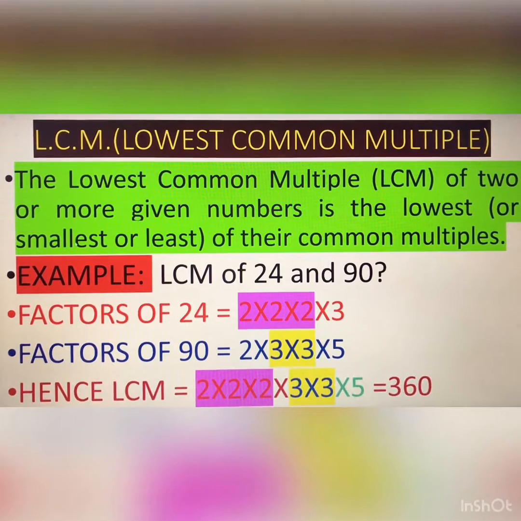Yes, that is 2 2 2. This is the common multiple, and here is 3 3. This is also common, so you select all, and then 5. This is the remaining thing, so you multiply all, then you will get the LCM of 24 and 90, that is 360.